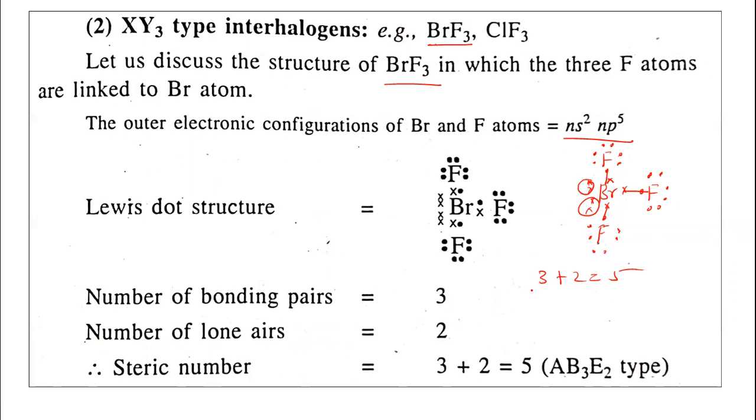So this is an AB3E2 type of molecule, where A is bromine, B is fluorine, B3 means three fluorines, and the number of lone pair electrons is 2.